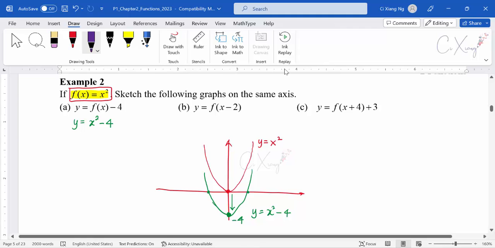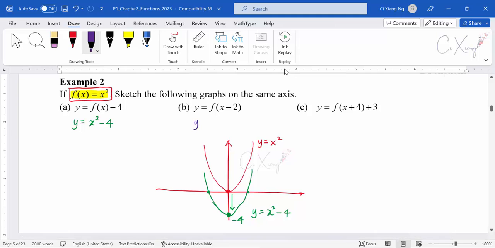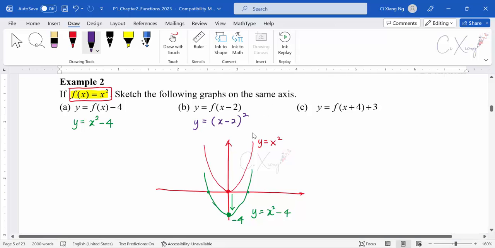How are we going to sketch the graph for part B, where y equals f(x minus 2)? If you try to write this in the function pattern, I'm having x minus 2, and only then I square it. The negative 2 is inside the basic function, right? That means we are having horizontal translation.